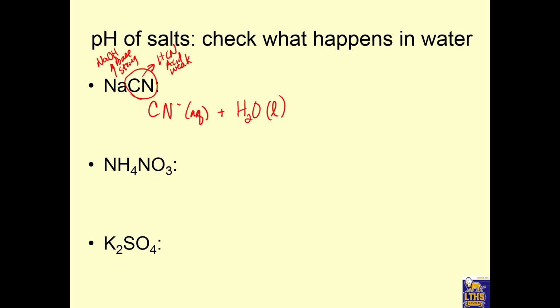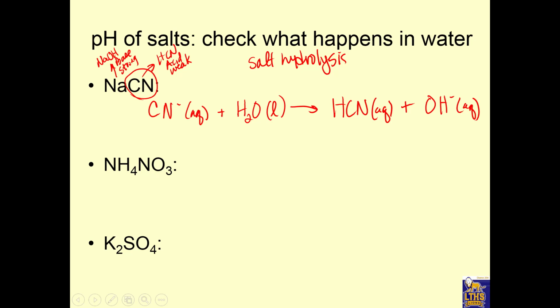This is called salt hydrolysis, because we're taking the salt and hydrolyzing it with water. And so that's going to turn into HCN, which is an acid, and OH minus, which is a base. So when sodium cyanide gets hydrolyzed, base forms. So this is a basic salt.